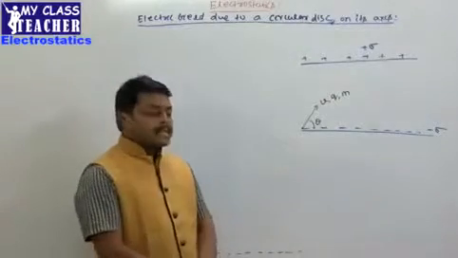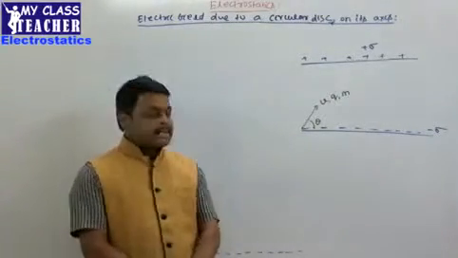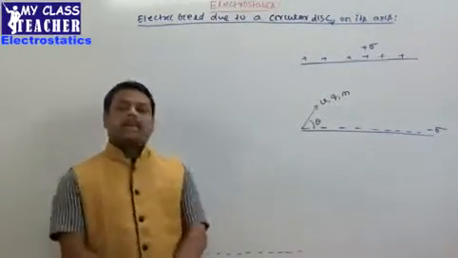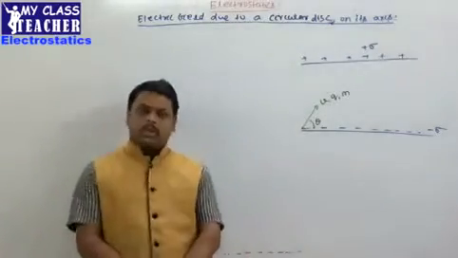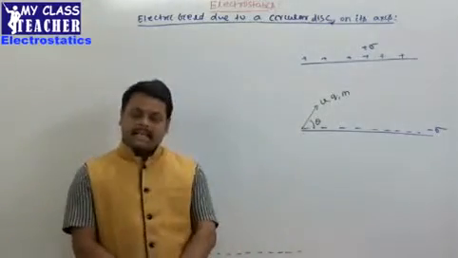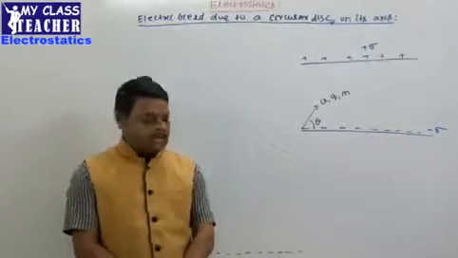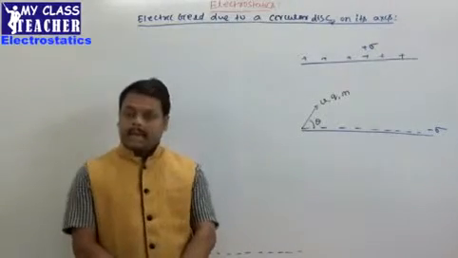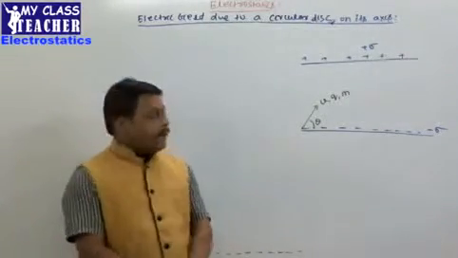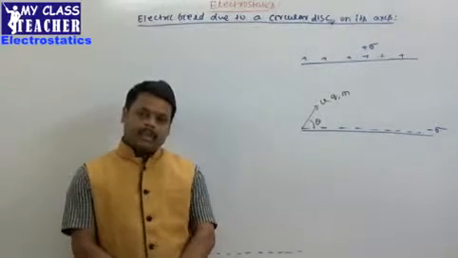Look at two large sheets having charge density plus sigma and minus sigma. The two large sheets are held parallel as shown in the figure.